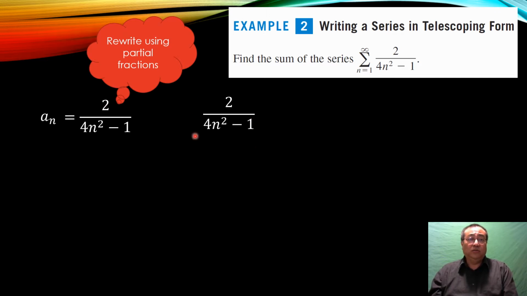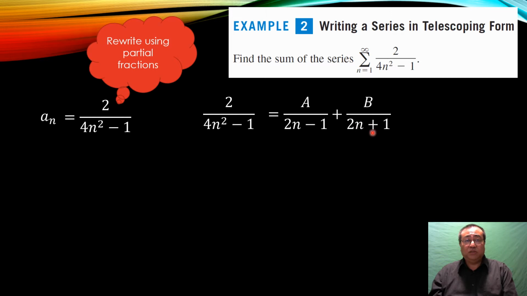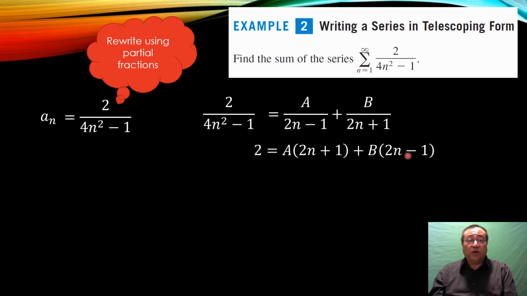So remember the technique for partial fractions. We take this fraction and factor the denominator. So we get 2n minus 1, 2n plus 1. And what we need to do is solve for the numerators. So we're going to multiply through by the common denominator. When that happens, we get the 2 left over. And this term is A times the 2n plus 1. And this term is B times 2n minus 1. And then we're going to choose some values for n. So let n equal negative 1/2.